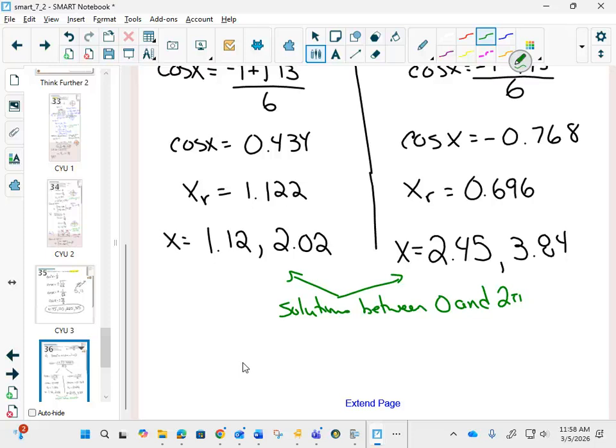Is that what we wanted? No. They wanted the solutions, what is it, negative pi to pi? Is that what they wanted? Yes. Oh. So, if I label above these solutions, do you see this one was in quadrant 1, this one was in quadrant... I made a mistake with that one, didn't I?